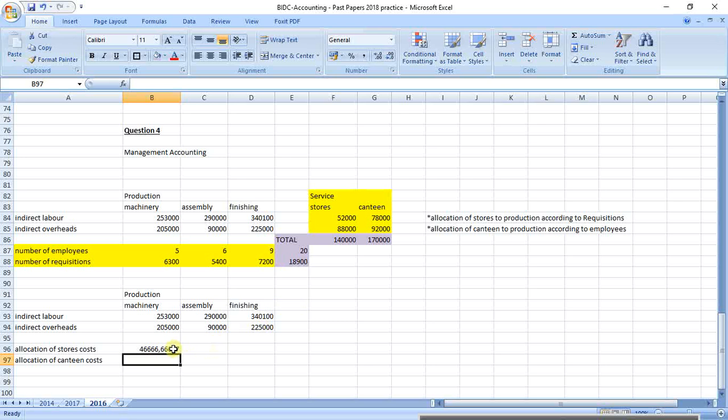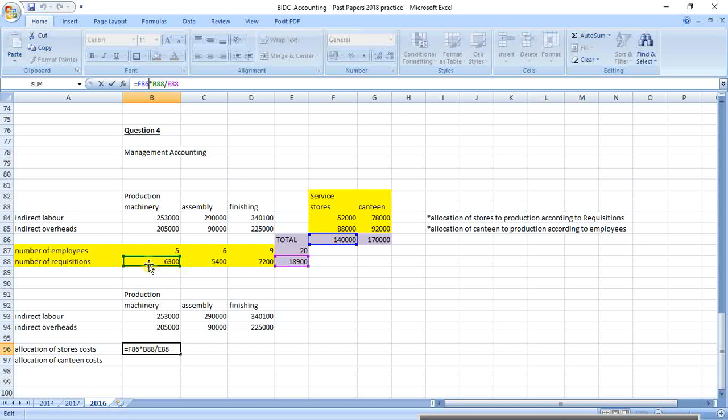Okay, so let's do that working. What does it look like? The store total cost. Okay, because just think about it logically. I just want to get the number so I can put it in. So the store costs, I need to allocate 140,000. How am I doing it? According to this.